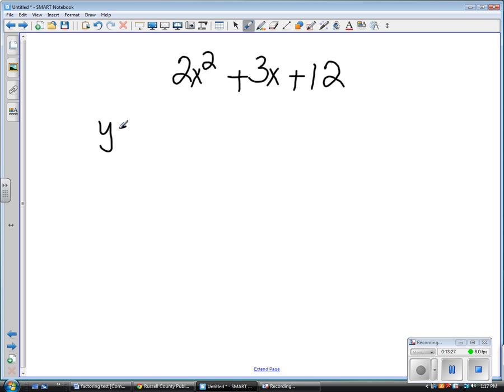Can anybody tell me what the y-intercept is? Let me ask a question. If you had a line, 2x plus 4, what's your y-intercept? Yeah. What's my y-intercept? 4.